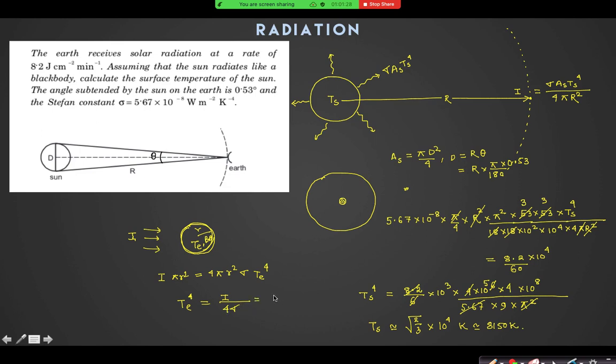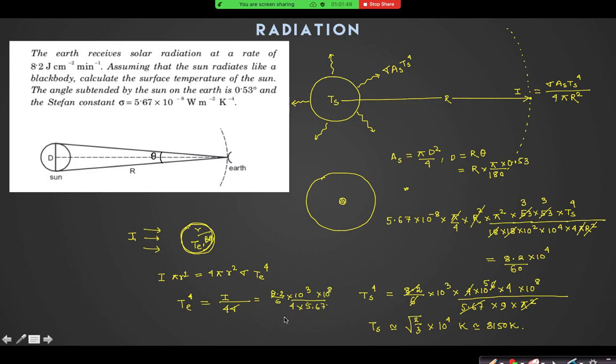So I we know that 8.2 by 6 into 10 power 3 divided by 4 into sigma, which is 5.67 into 10 power 8, right?